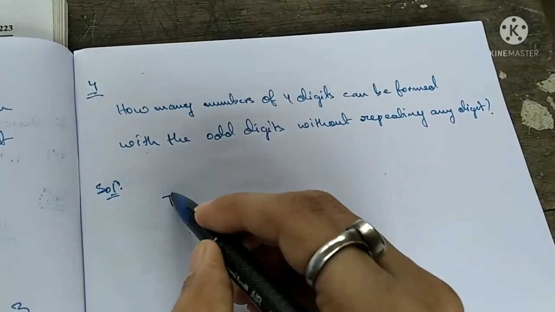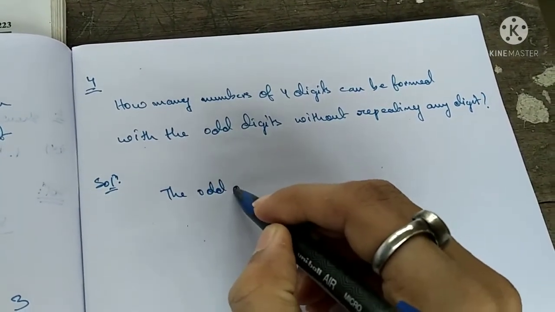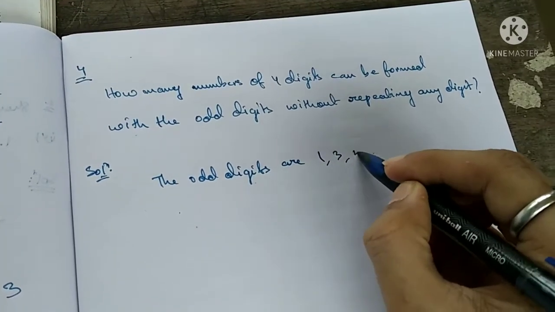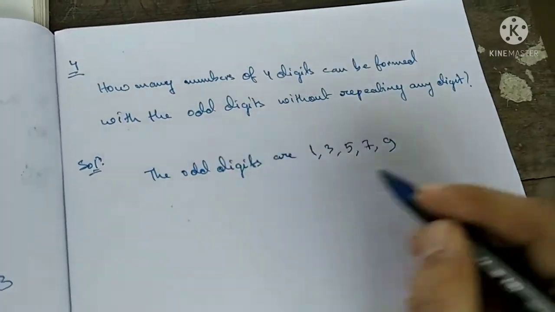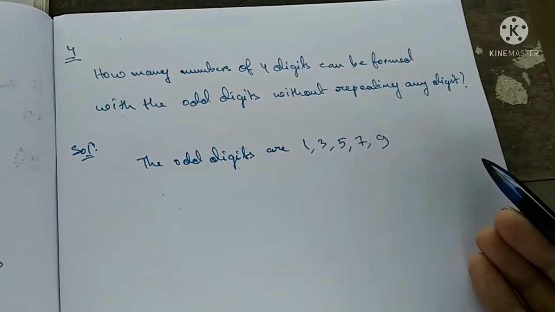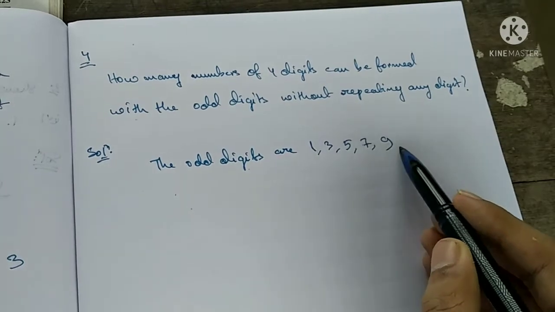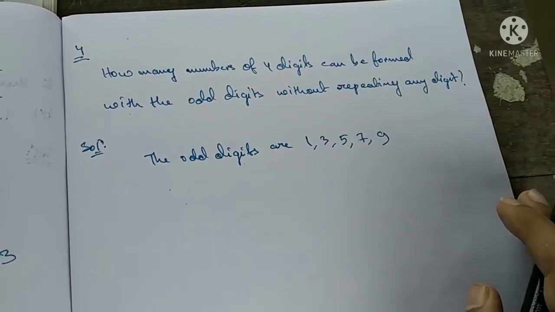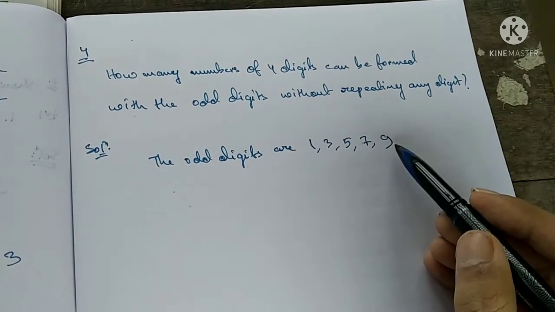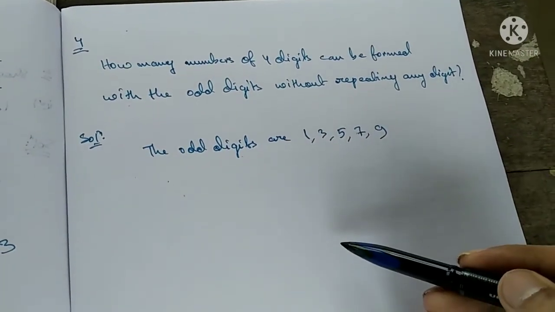So first of all I will write the odd digits. What are the odd digits? The odd digits are 1, 3, 5, 7, 9. These are the odd digits. So the total number of available digits, how much? It is 1, 2, 3, 4, 5. Again 5 digits are there. And out of these 5 digits, how many digits will I take at a time?